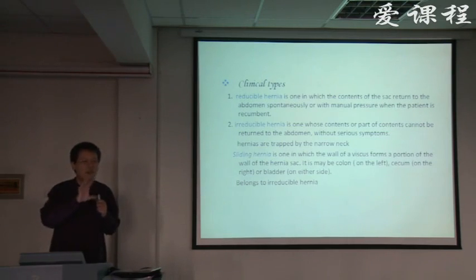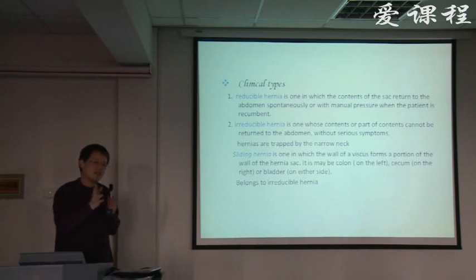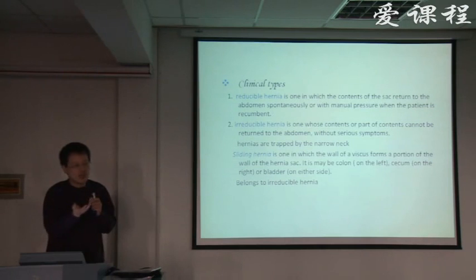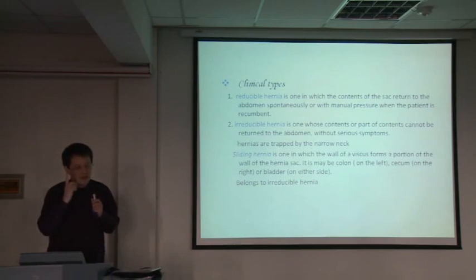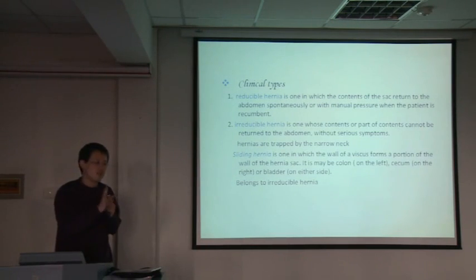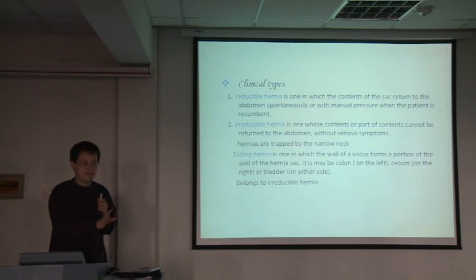If this is a small intestine, it's okay, no problem, because it's very free. We can imagine, very free. It did not attach to the peritoneum. But when we turn to the urinary bladder and colons, particularly the cecum, they are very closely attached to the parietal peritoneum.